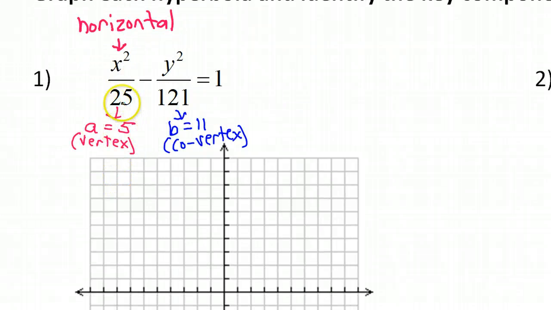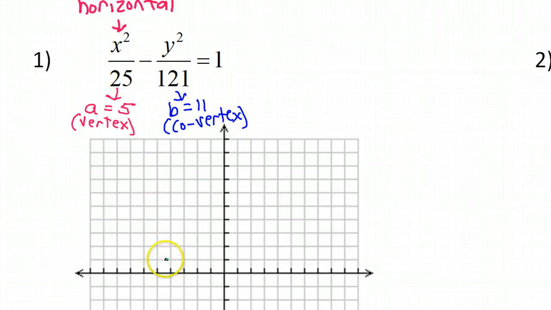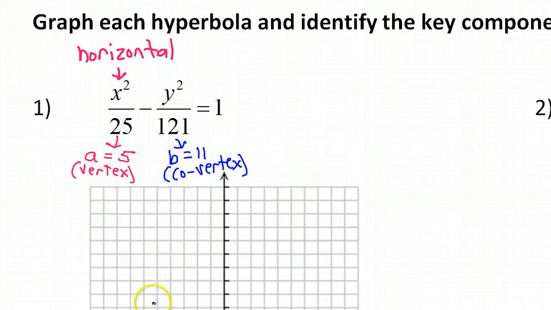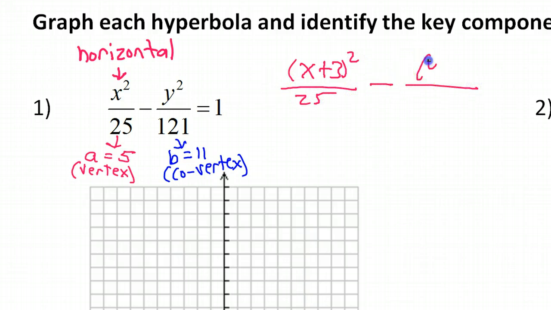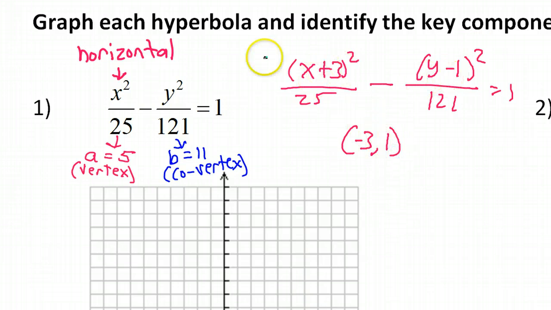Now, like I said, this 5 is with the x values, so we're going to go horizontal with it. Oh yeah, first of all, the center. I almost forgot. That's the first step. The center is 0, 0. You can tell because it's just x squared. If it was like x plus 3 squared, and then let's say y minus 1 squared, then the center would be -3, 1, opposite, opposite.